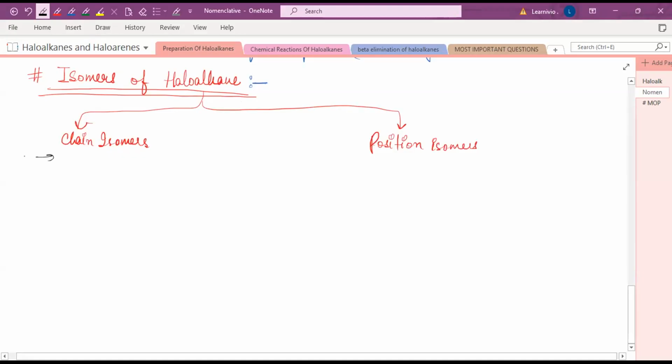The chain length will be different. And position isomers differ in the position of the halogen group. The position of the halogen group is different.